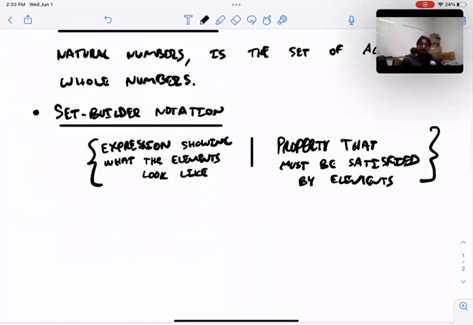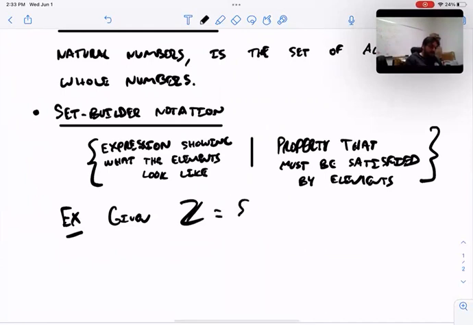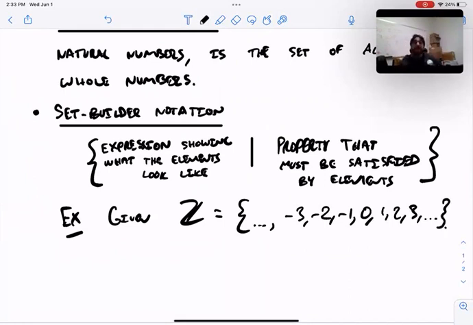Here is an example of how you could write the natural numbers using set builder notation. Suppose we were already given the integers, ℤ, the set of integers. Then suppose you wanted to use the integers and set builder notation to define the natural numbers.